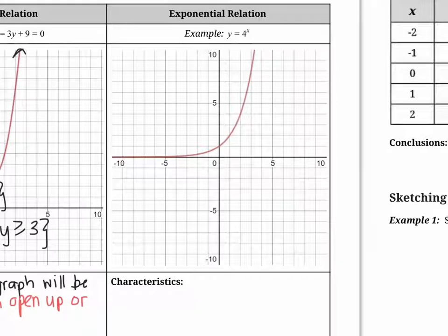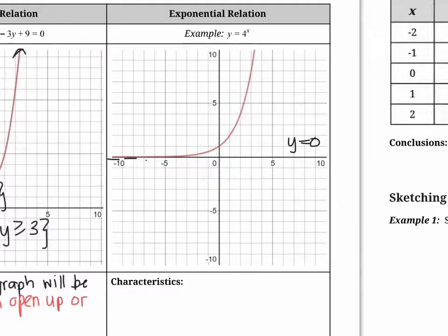Let's take a look at an exponential relation. If you were to throw this equation into Desmos, this is what it would look like. It sort of looks like half of a parabola, but instead of rising up on the other side, it's just going to go closer and closer and closer to whatever this line is. In this case, this is the x-axis, or another way to talk about the x-axis is the line y equals 0.